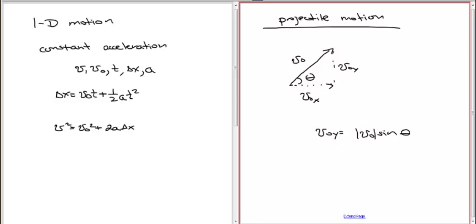And then you've got a plus or minus in here. In this case, it's positive. So you have to look at your vector in your drawing to know whether it's positive or negative. In the same way, v0x is equal to plus or minus the magnitude of the vector times cosine of theta. So if this were pointing down, like in this direction, then v0y would be negative and v0x would be positive.